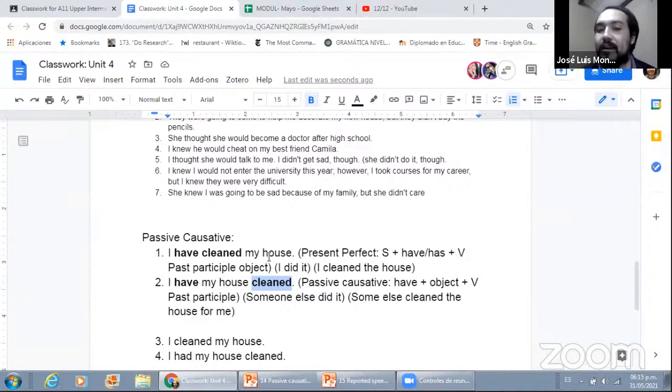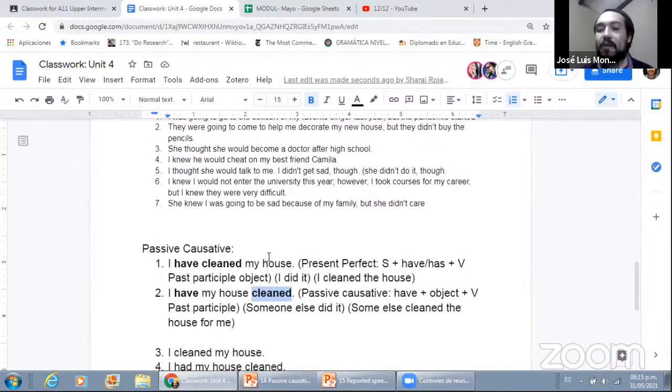But if I say I have my house painted, it means that frequently someone else paints the house for me. If I say I have my car repaired, it means that frequently someone else repairs the car for me. It means that that action is being done by someone else.